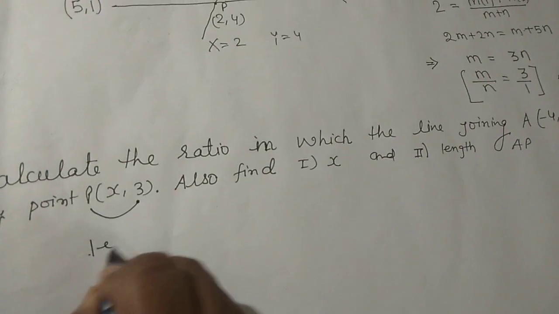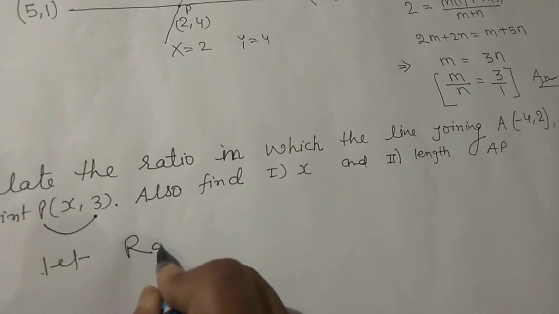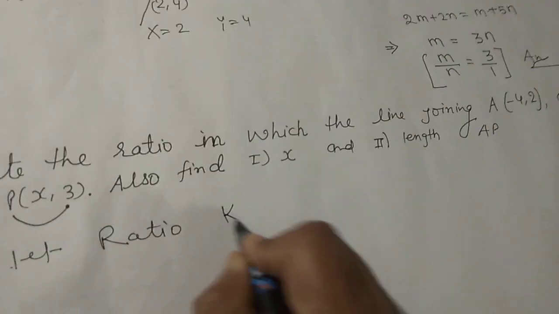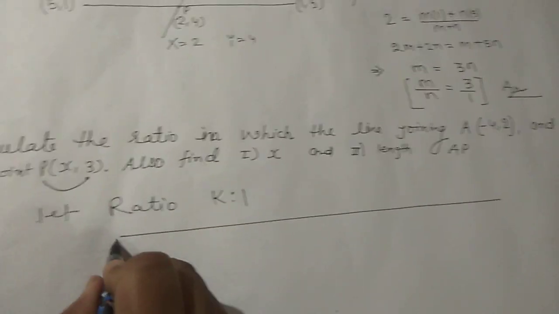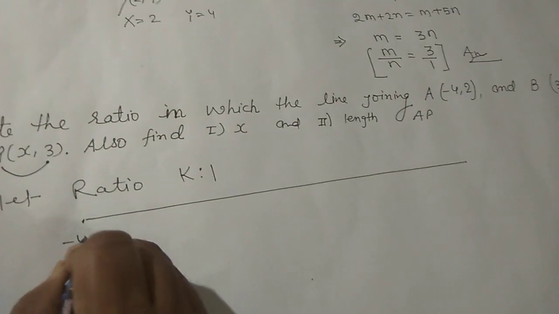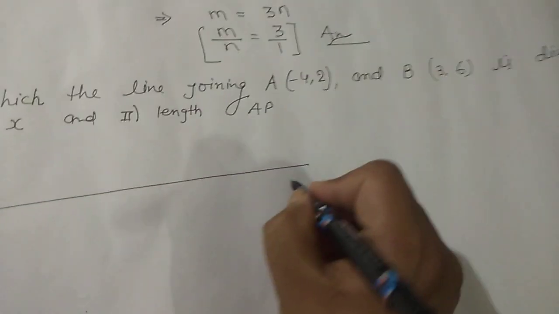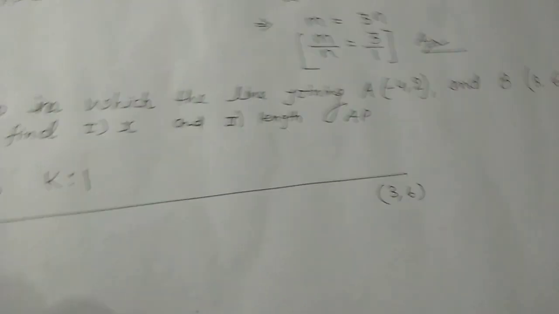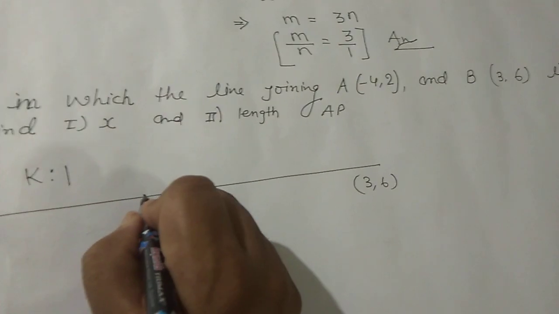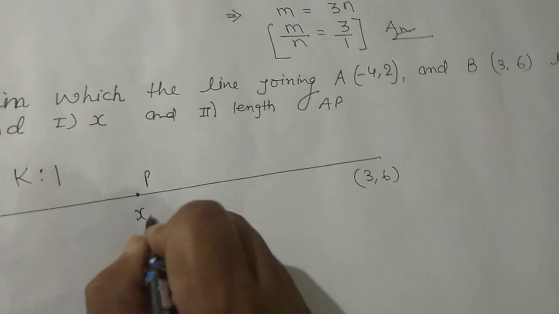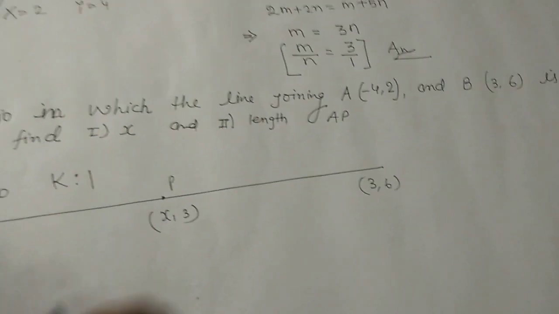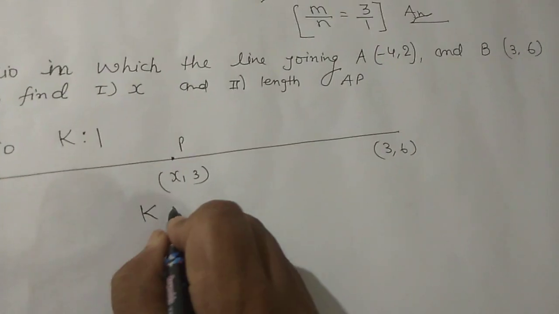So let the ratio be k:1 and form the equation. This is your (-4, 2), this is your (3, 6), and this is the point P(x, 3).